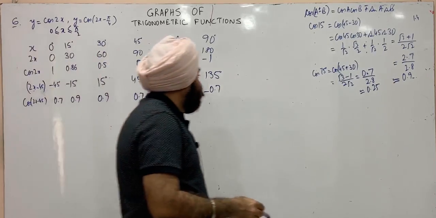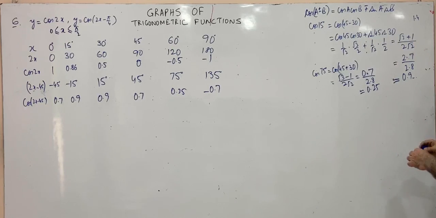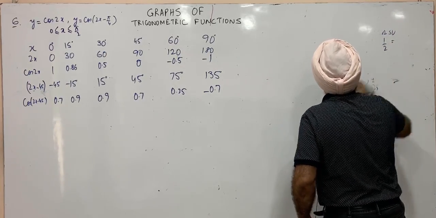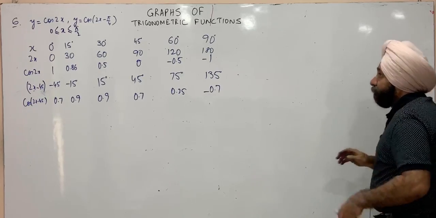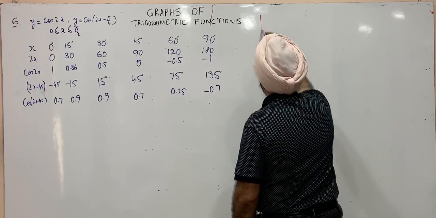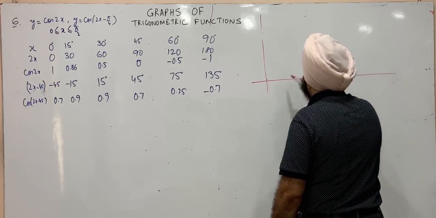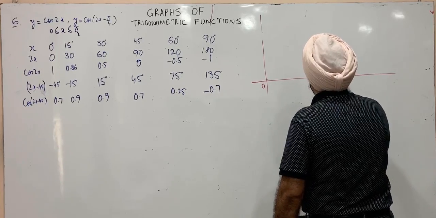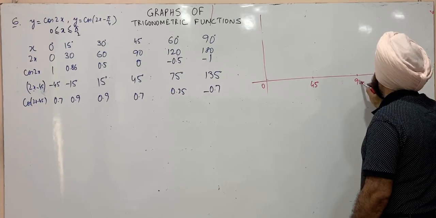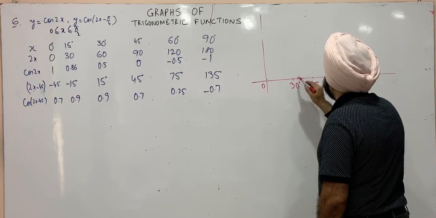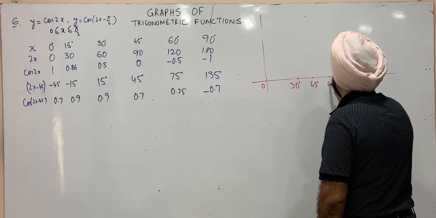Let us now plot graphs. First of all, the graph of cos of 2x. This is 0 degrees, this is 45 degrees and this is 90 degrees. Then this one is 30 degrees and this is 60 degrees.